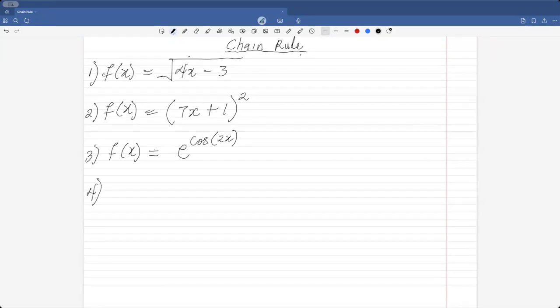Number 4, f(x) equals (x squared minus x + 7) all to the power of 2.